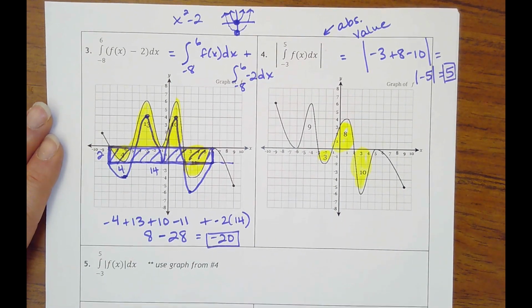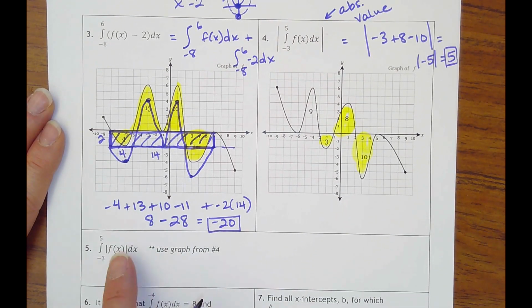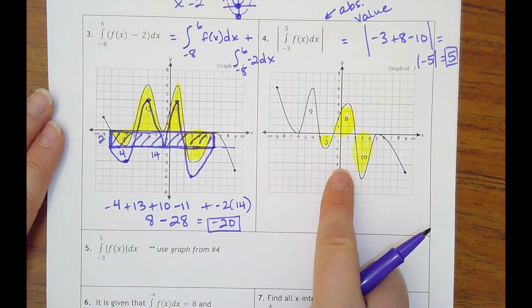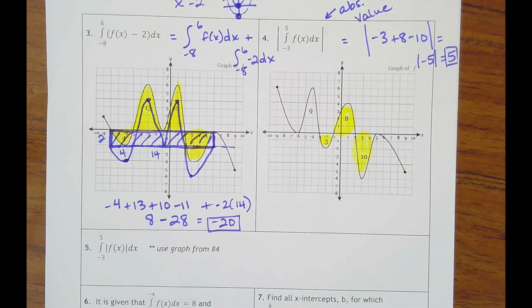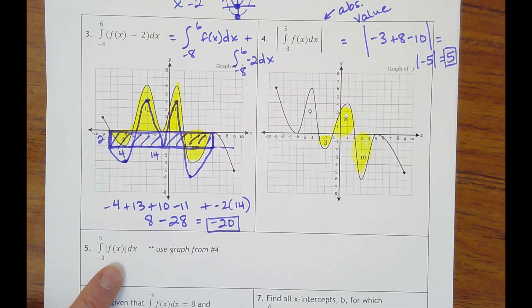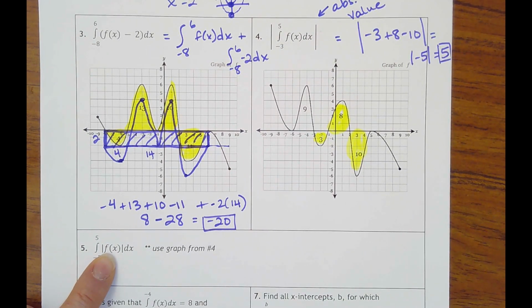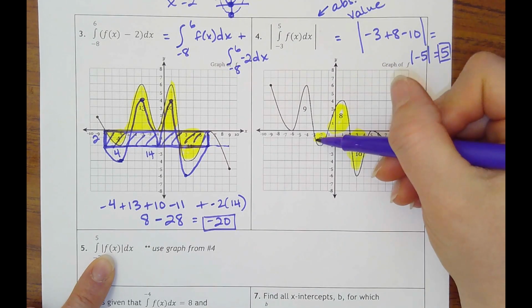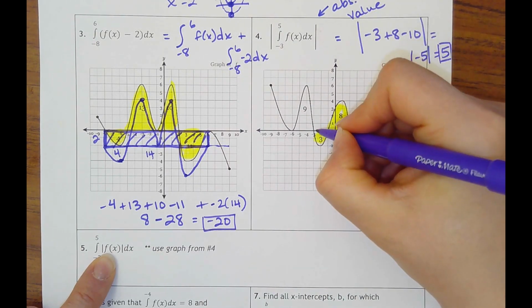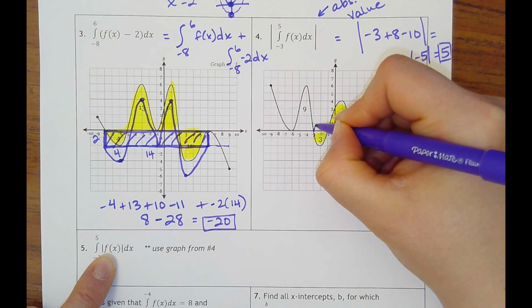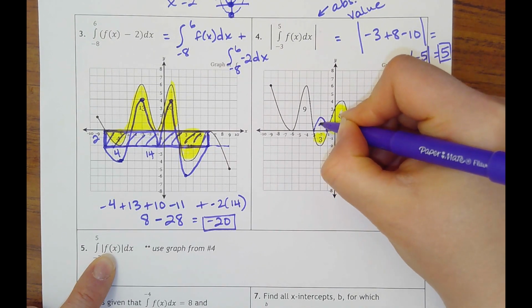But I want to look at what I put on number 5. It's the exact same problem, and we're going to use the same graph, but now the absolute value is only around the function. When a function is absolute value, it means it changes everything and it reflects it over the x-axis. So this being an area of -3 down here is now going to come up here and be +3.